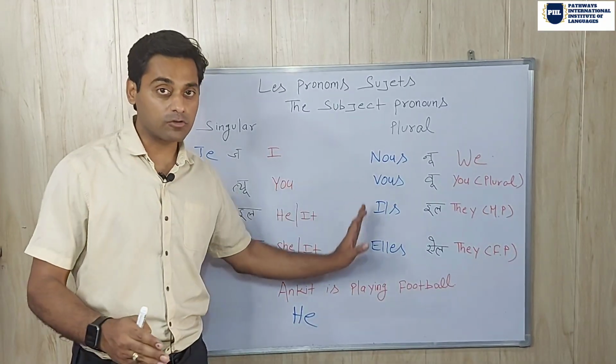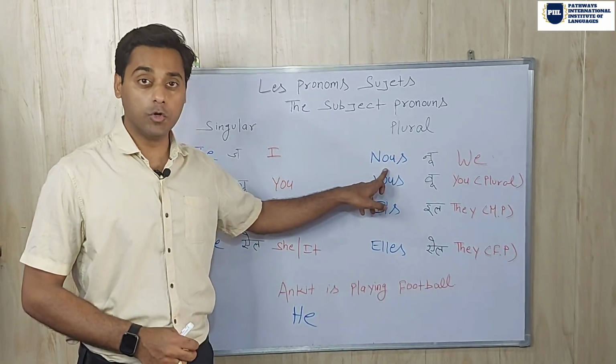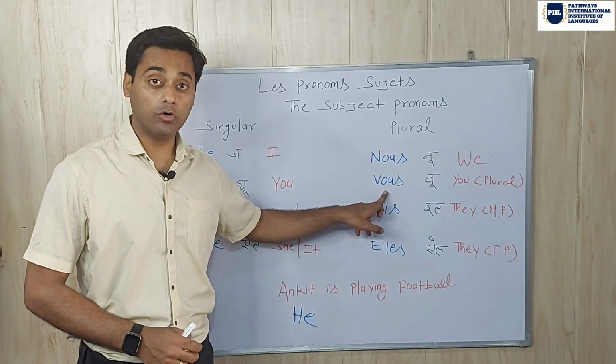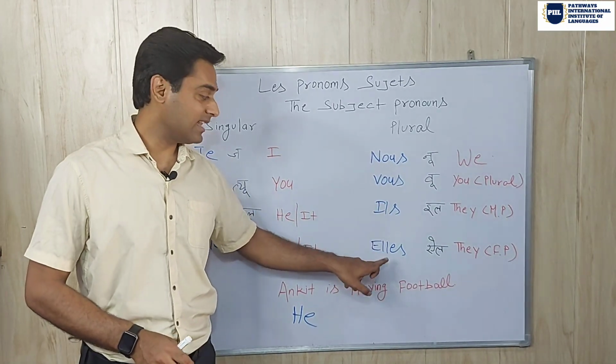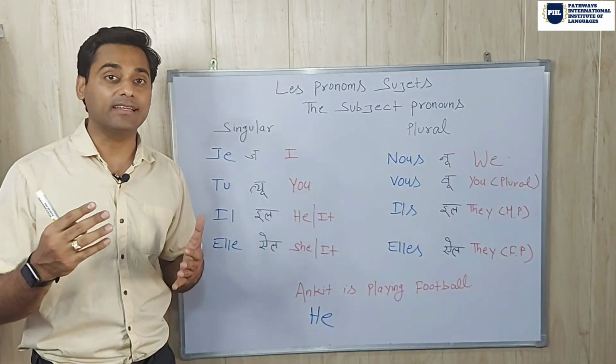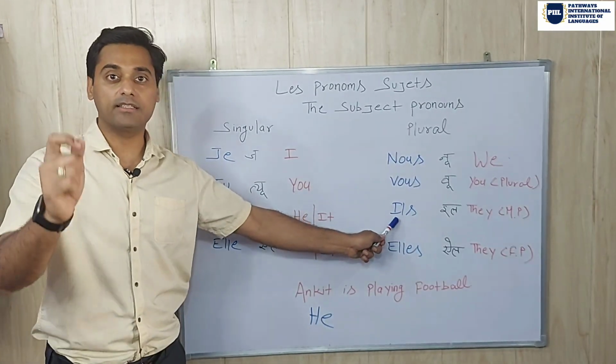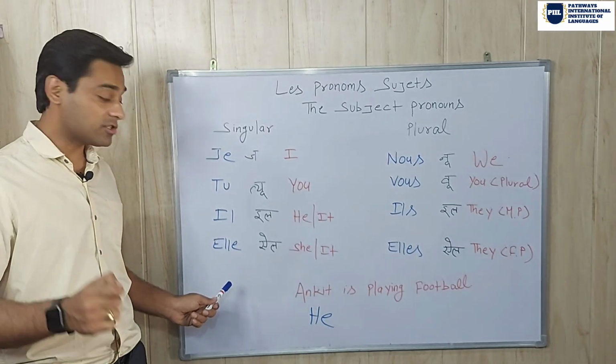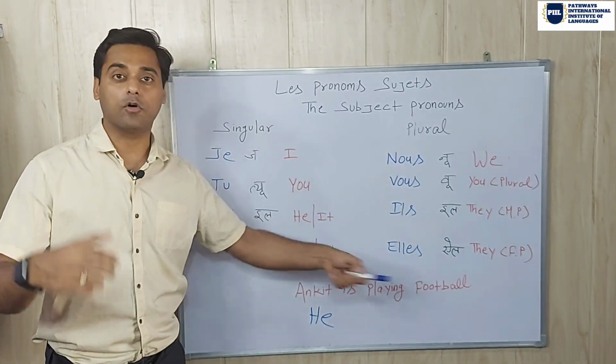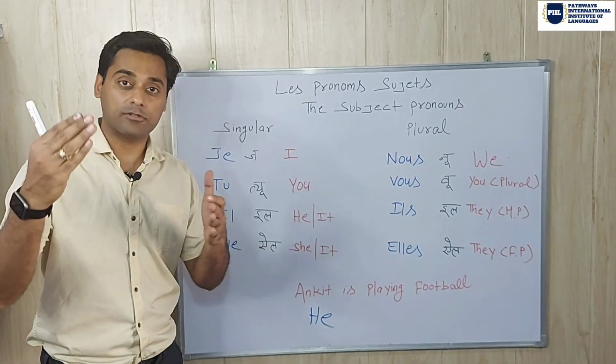Now let's pronounce them once again. Nous, vous, ils, elles. Now you must be thinking that the pronunciation of ils and il is the same, and the pronunciation of elles and elle is also the same. Yes, you are absolutely correct.